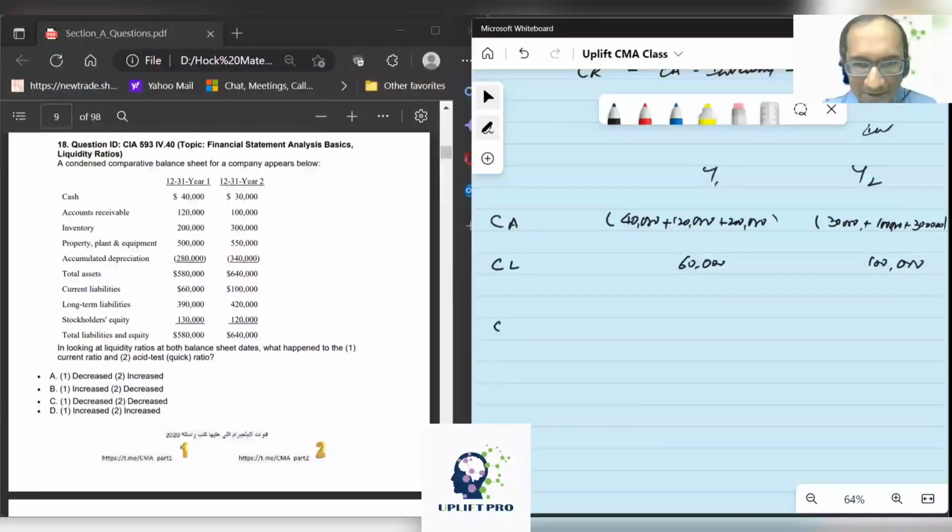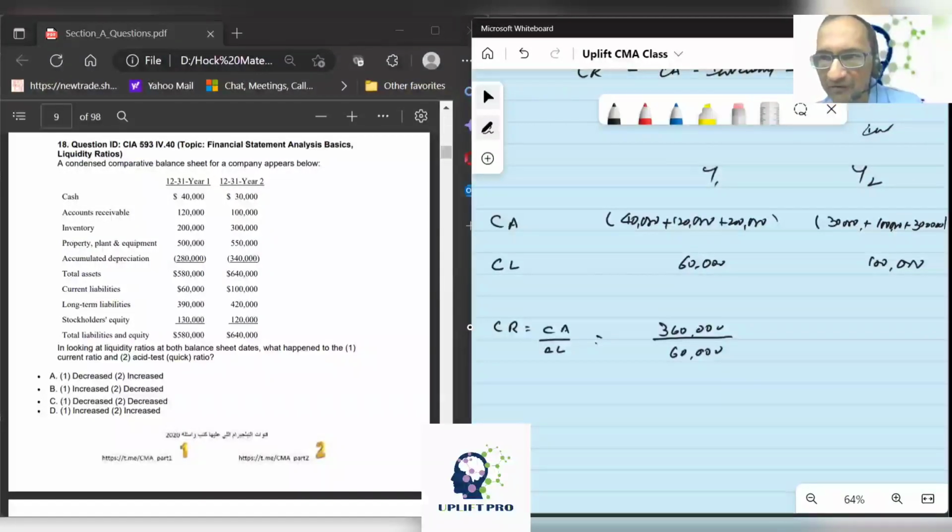Now let us calculate current ratio for year 1. So 40 plus 120 is 160. 160 plus 200 is 360. So you have 360,000 divided by 60,000. So this is current ratio, current assets divided by current liabilities. And for year 2, we have 30,000 plus 100,000, 130 plus 300. So you have 430,000 divided by 60,000.